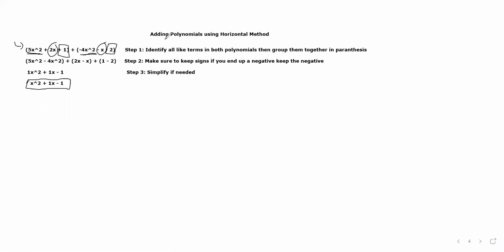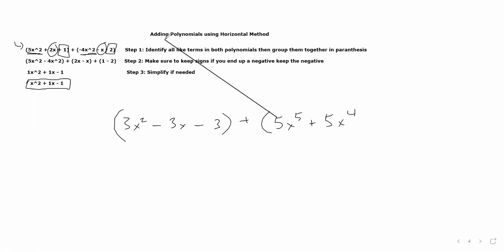Now, I'll give you one more example of adding polynomials using the horizontal method. All right, let's say that they don't match. Let's say you have 3x squared minus 3x minus 3, and then you're adding it to 5x to the 5th power plus 5x to the 4th power.